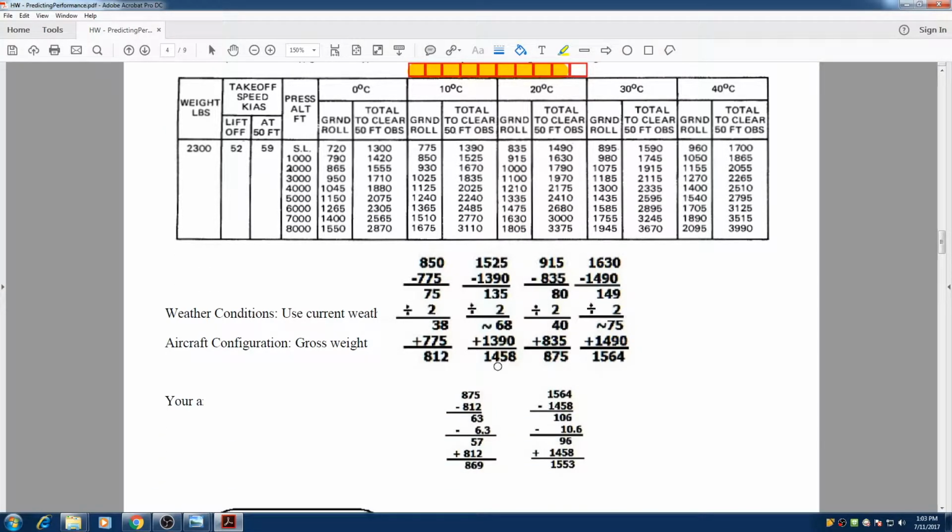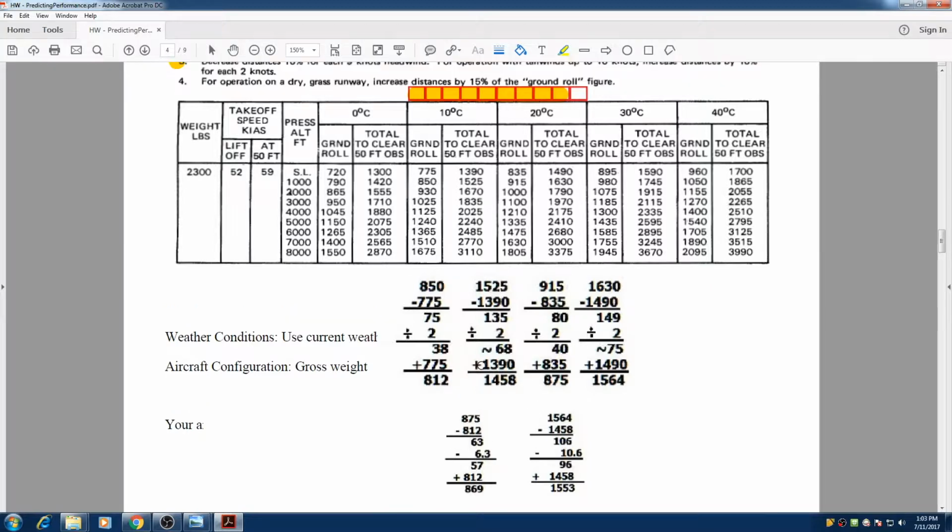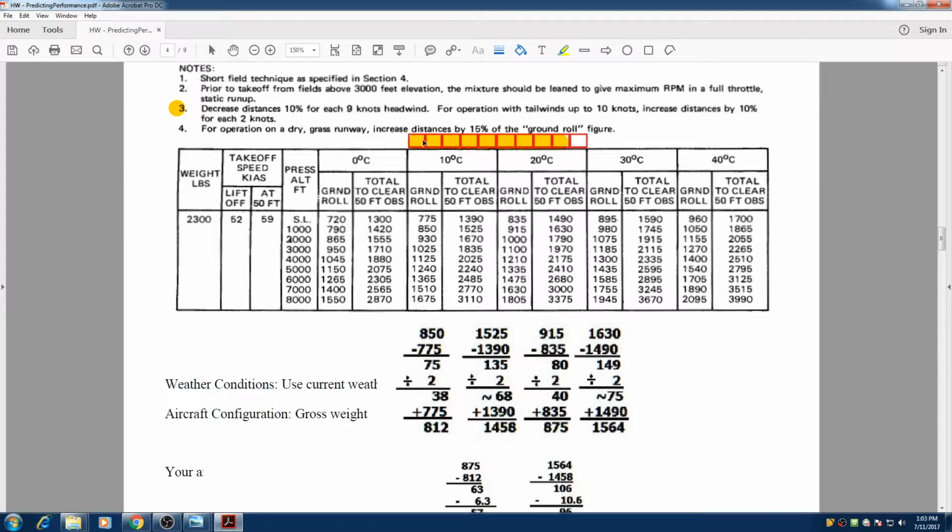How can we find it? It's a very easy way to do it. You can look at it like a percentage, a solution type of thing. If you consider the whole change from 10 degrees to 20 degrees as 100% change, then we are at 90%, or you can say we are 10% short of the values for 20 degrees.